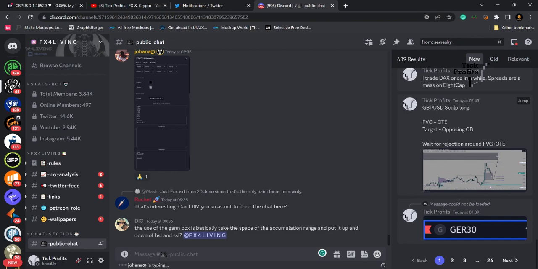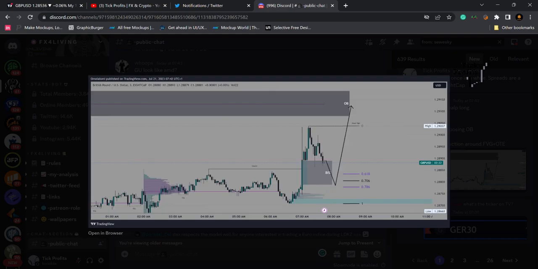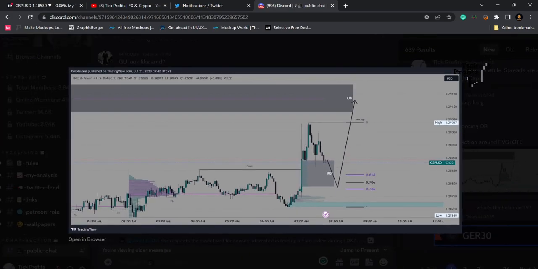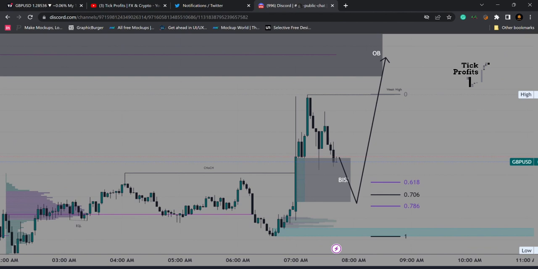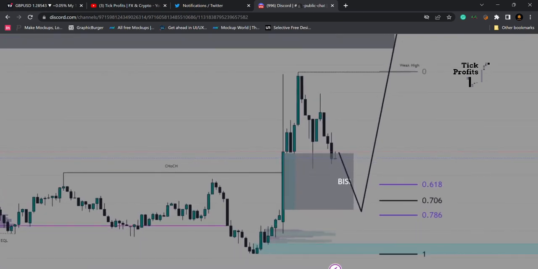So for the GBP USD, that was before the London Open. We felt that price would continue to go up into this other block. That's why we were bullish. We have a bullish bias for that.